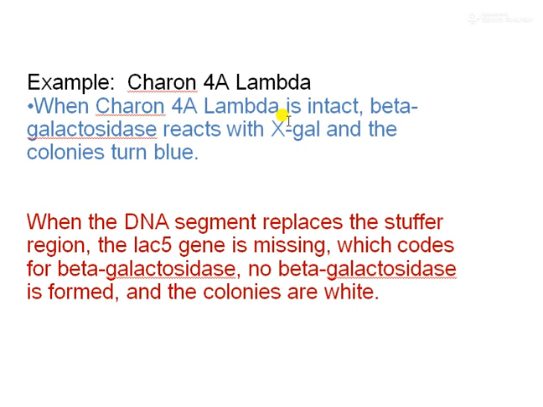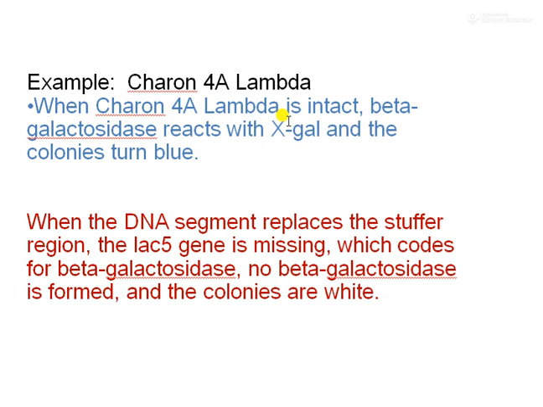One feature of these phage vectors is that they also have the beta-galactosidase system, as we had mentioned for the lac system of plasmids. With X-gal, they will produce beta-galactosidase, and the colonies will turn blue.